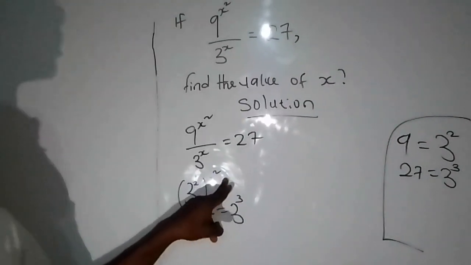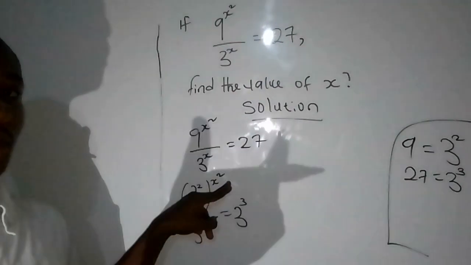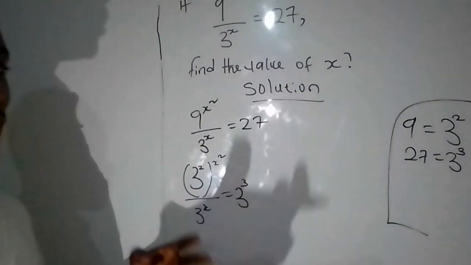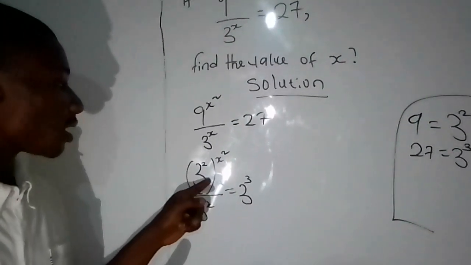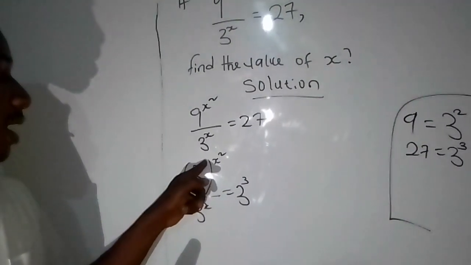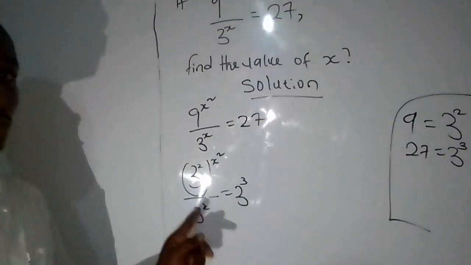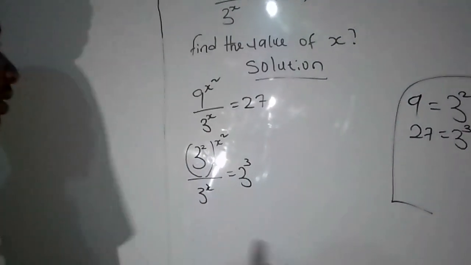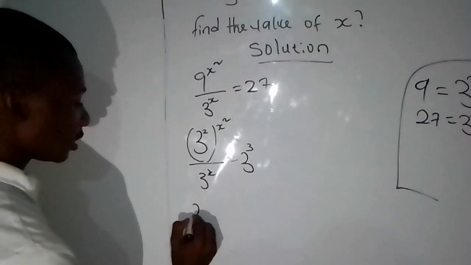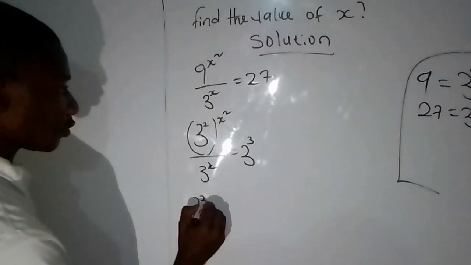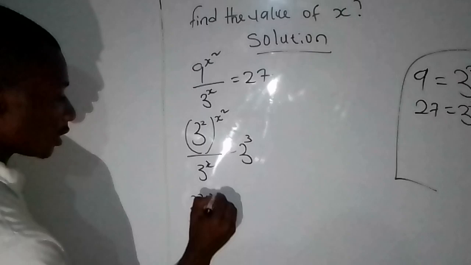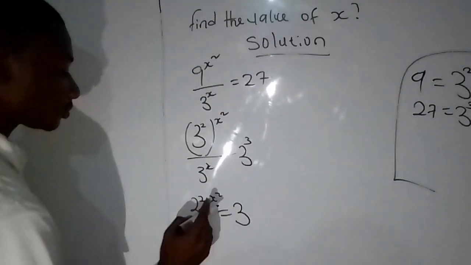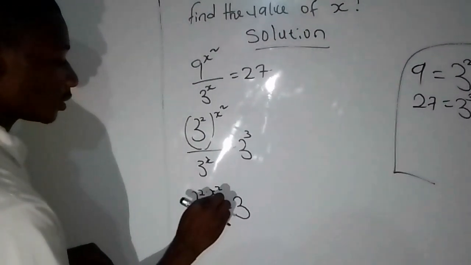How do we go about this? Now this is when the law of indices comes into play, particularly the powers law, which simply states that if a number which is raised to a certain power is again raised to another power, what do you do? You multiply the powers together, which simply can be written as 3 raised to power 2 dot x squared, and is equal to 3 raised to power 2 times x squared.